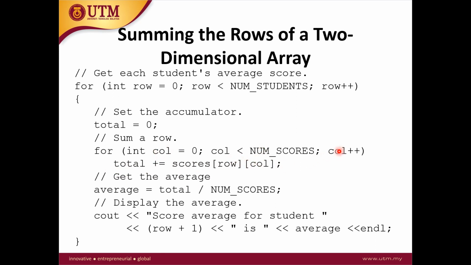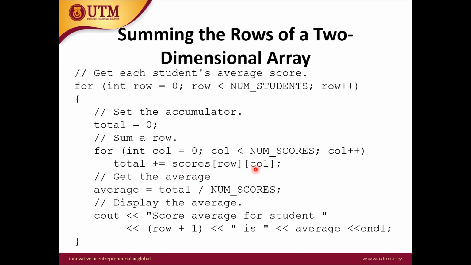So the col is going to be 1, 1 is less than 5, yes, it adds row 0 col 1 to the total. Col is becoming 2, 2 is less than 5, yes, it adds the row 0 col 2 to the total. Then col is becoming 3, yes, 3 is less than 5, it adds row 0 col 3 to the total.